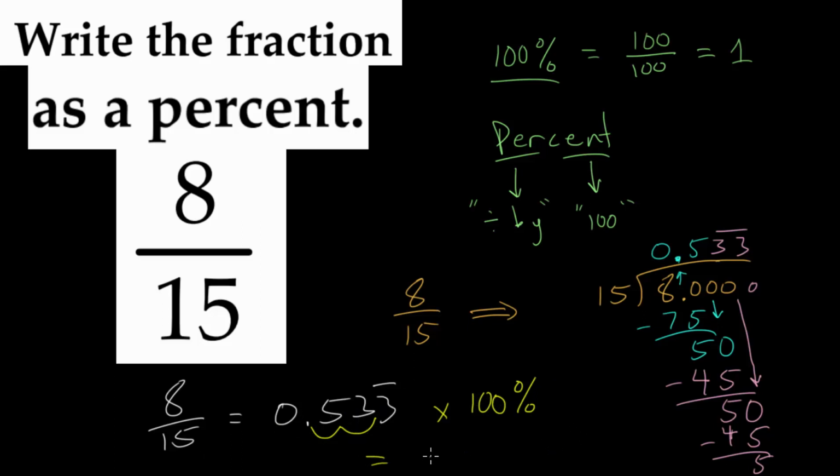So this would be 53.3 repeating. Let me rewrite that 3. So 53.3 repeating. We can write as many 3's as we want, or we can just put the bar above the 3. And like I mentioned, that percent sign will just carry along. So in conclusion, this 8/15ths, this fraction here, is equal to 53.3 repeating percent.